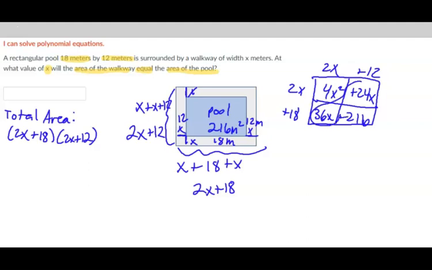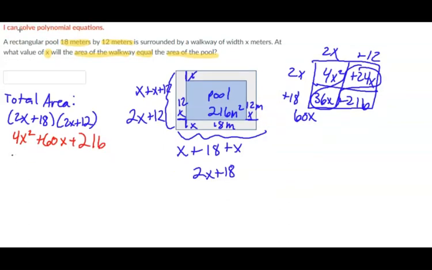Add these two together, you get 60x. So our total area is going to be 4x squared plus 60x plus 216.